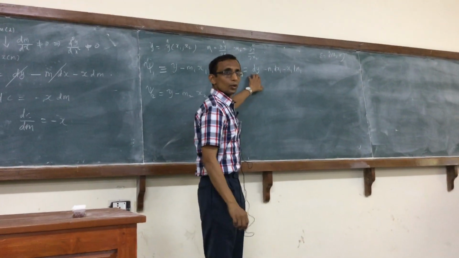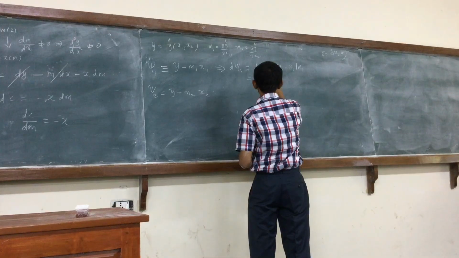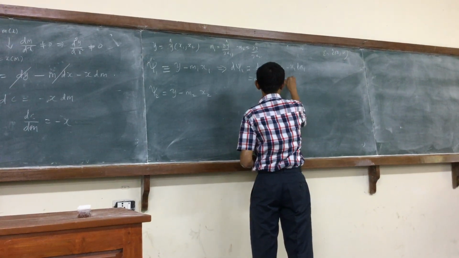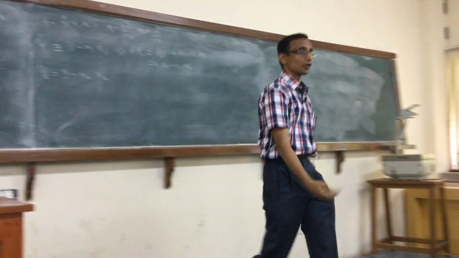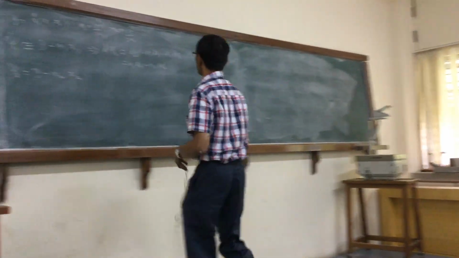Now dy I know is m1 dx1 plus m2 dx2, because it's now a function of two variables. That is what we have. Minus m1 dx1 minus x1 dm1.